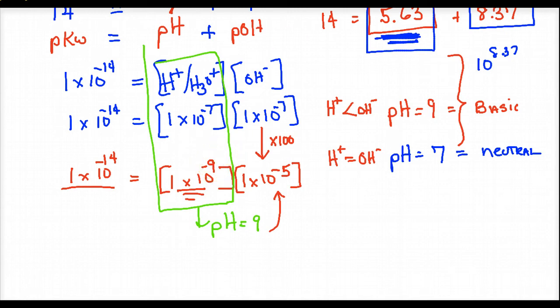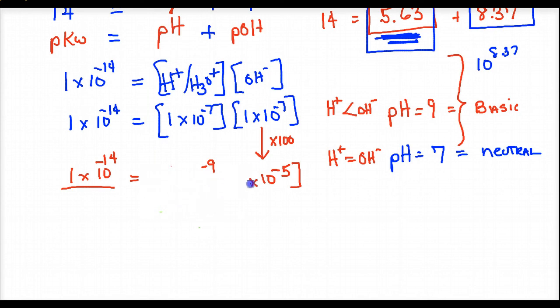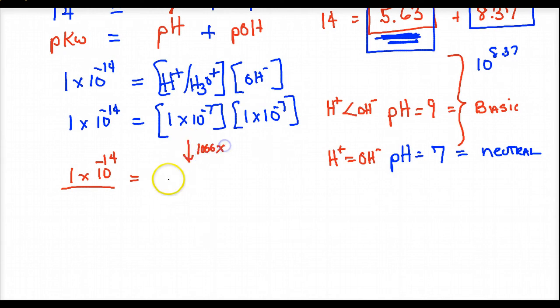Now let's do this another way. Let's start again, and let's increase the acidity 1,000 times. So I'm going to increase this 1,000 times. Can you guess what the value of the H plus ion concentration, or H3O plus, is?